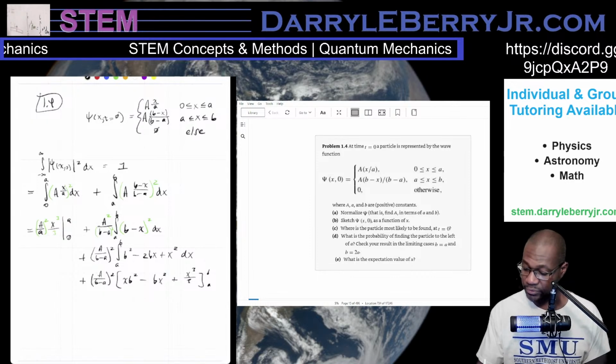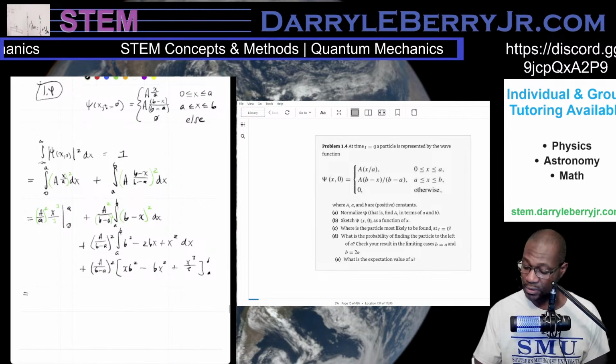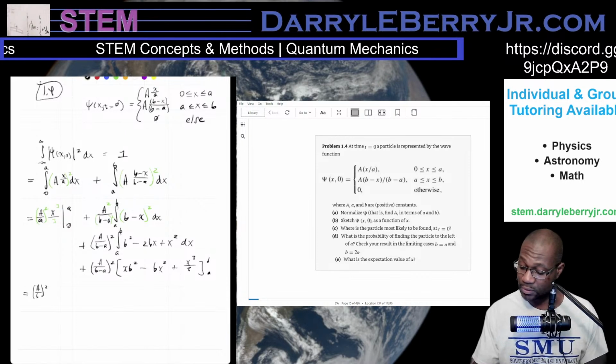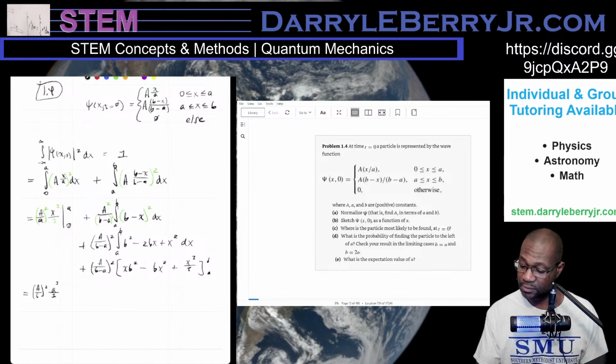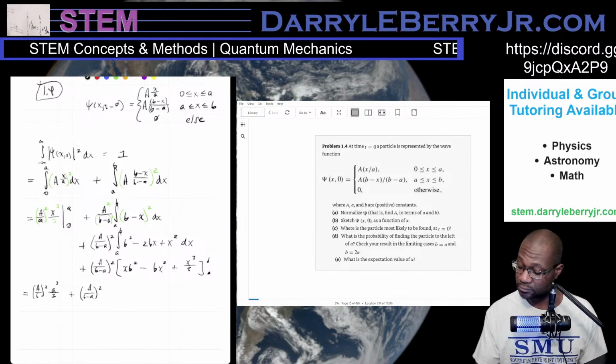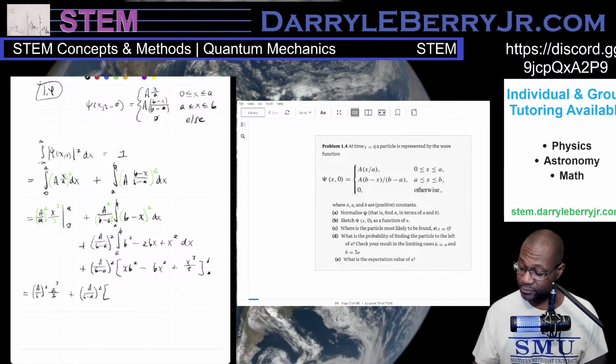So let's see what we end up with now. So we have a over b squared, a cubed over 3, and this one's going to be 0, plus a over b minus a squared, and I'll try to do this in one line.